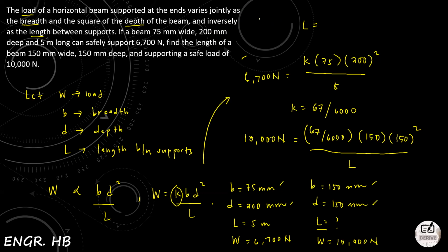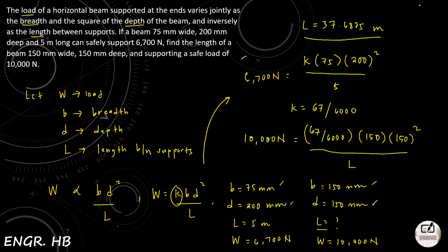So the answer is, ang length natin ay magiging 37.6875 meters long. So that will be the length between supports. So that was 37.6875 meters. So I will recompute lang kung talagang humaba nga.